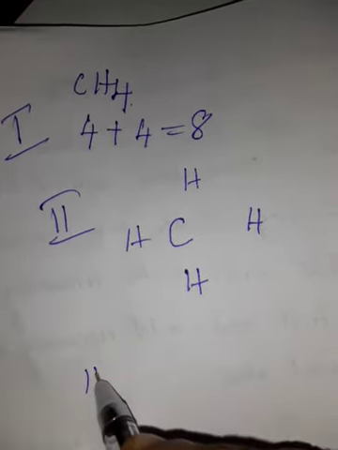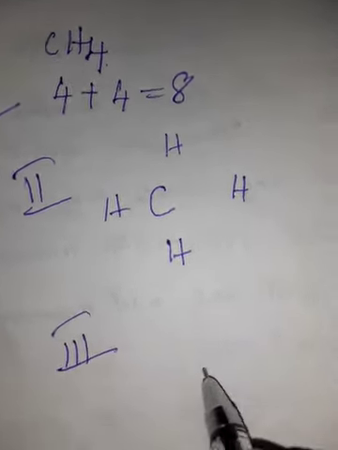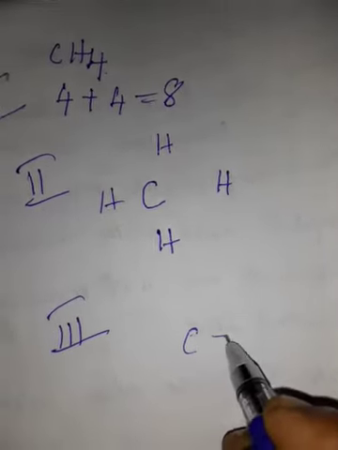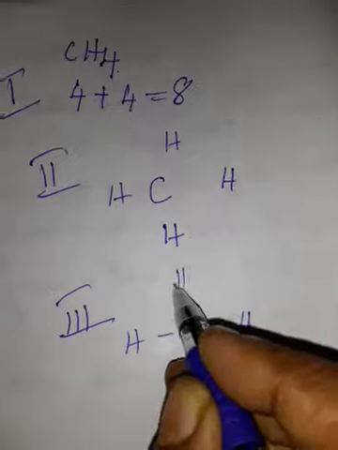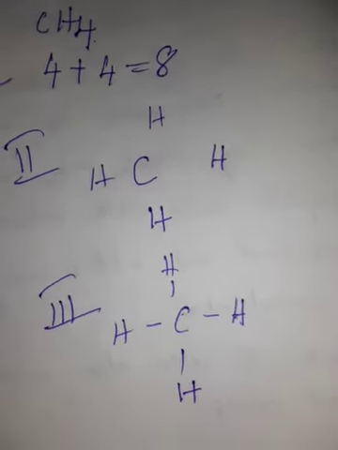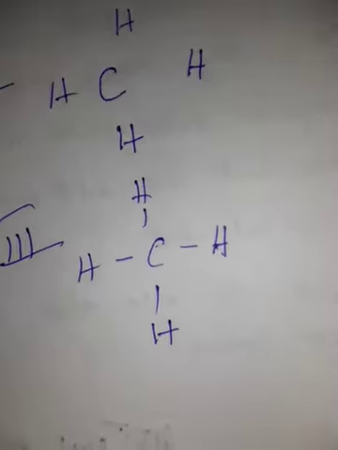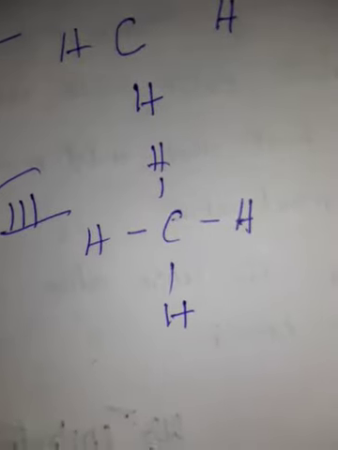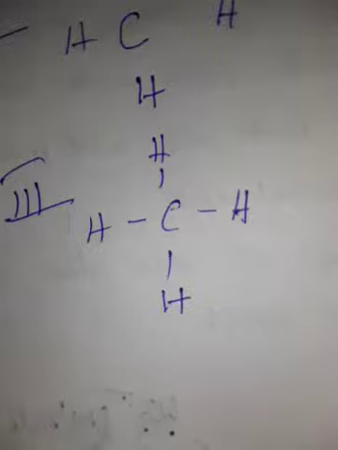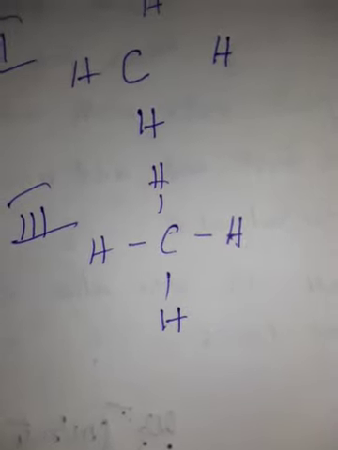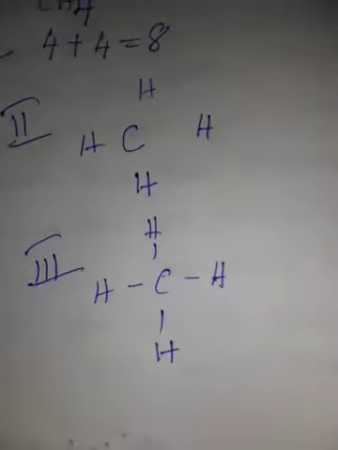Third step, draw single bonds: single bond, single bond, single bond, single bond. Now fourth point, complete the octet from the remaining valence electrons.